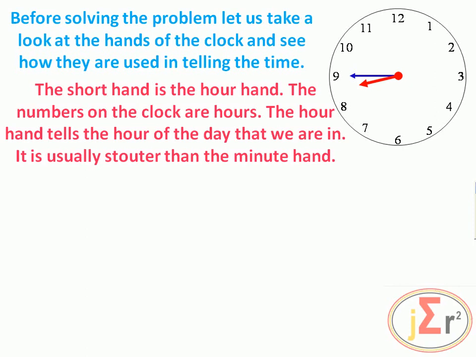It's usually shorter than the minute hand, and stouter than the other hand. So when the hour hand is pointing on a particular hour, we know that the time is exactly that hour.